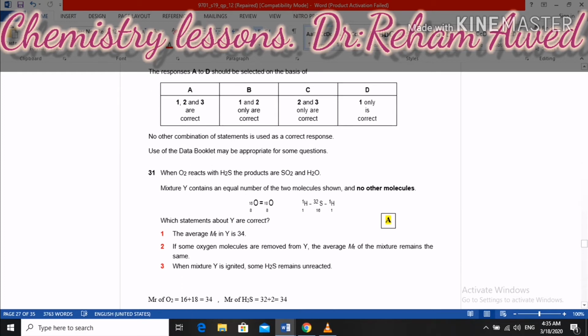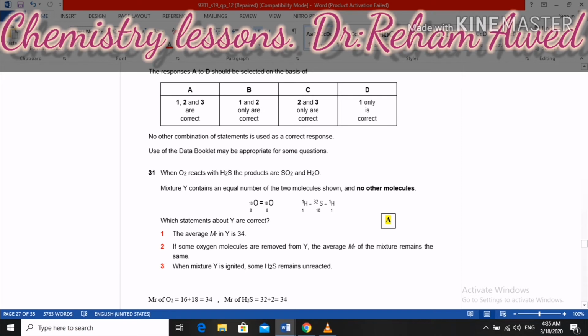The average relative molecular mass in Y is 34. Of course, we will calculate the average relative molecular mass for oxygen, so we have 16 plus 18 equals 34. And the average relative molecular mass for hydrogen sulfide, it is 32 plus 2, we have 34.